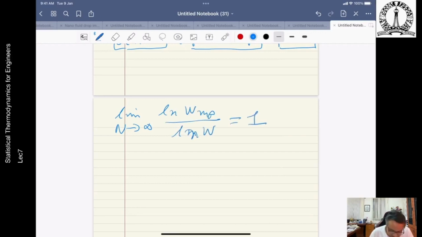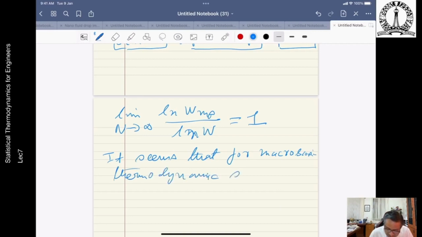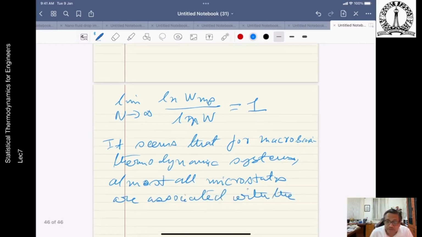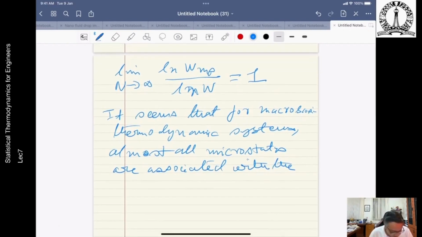Or in other words, it seems that for macroscopic thermodynamic systems, almost all microstates are associated with the most probable macrostate.